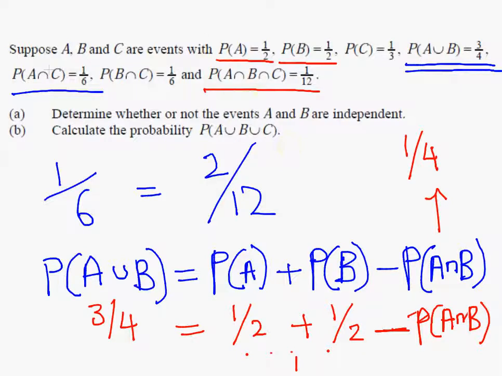Now, just as a remark, 1/4 is equal to 3/12, seeing as we're dealing with twelfths here. Let's go back to our Venn diagram.